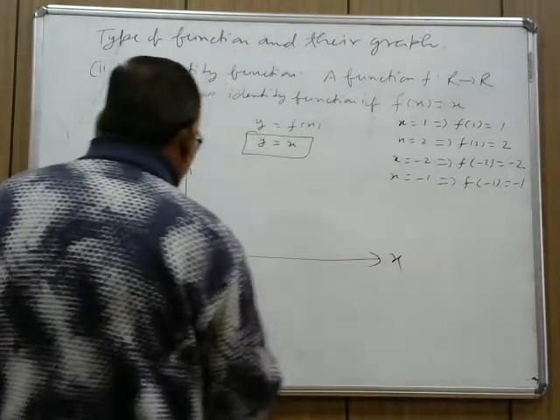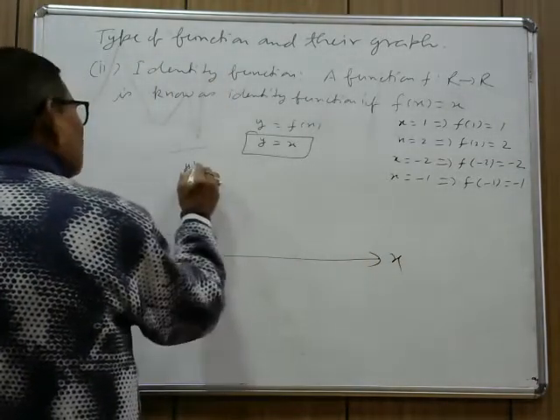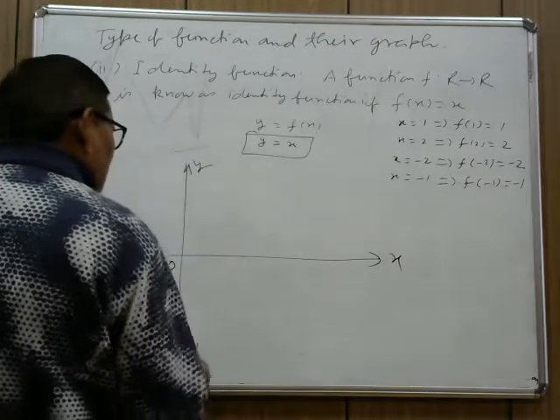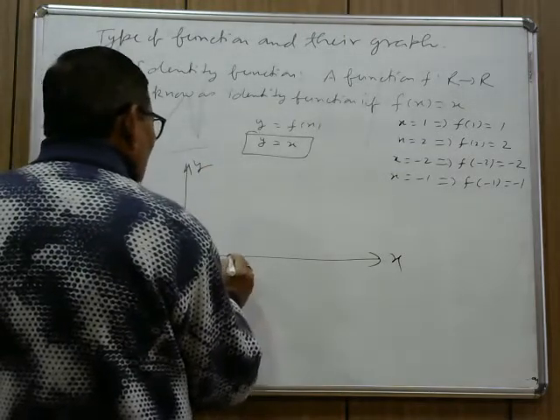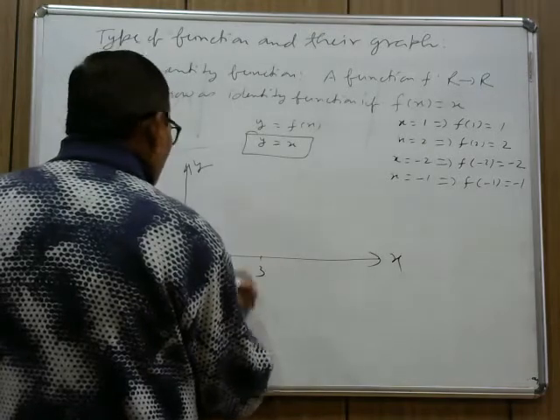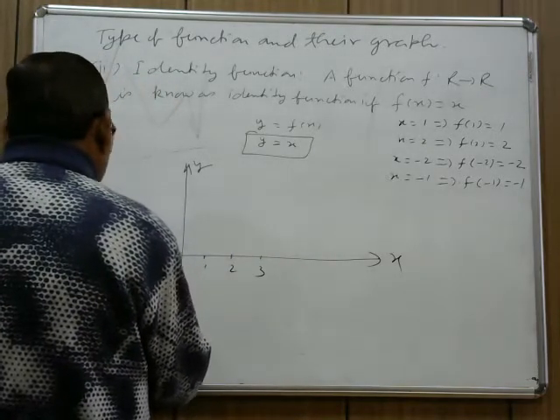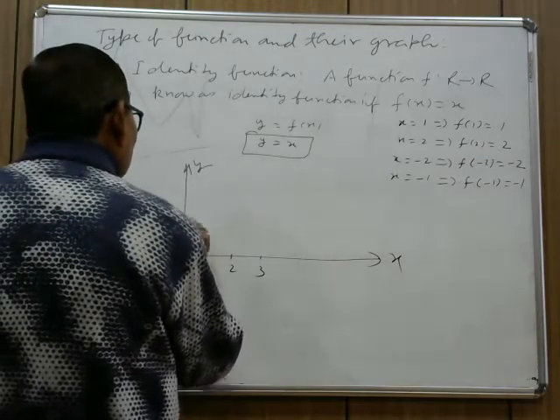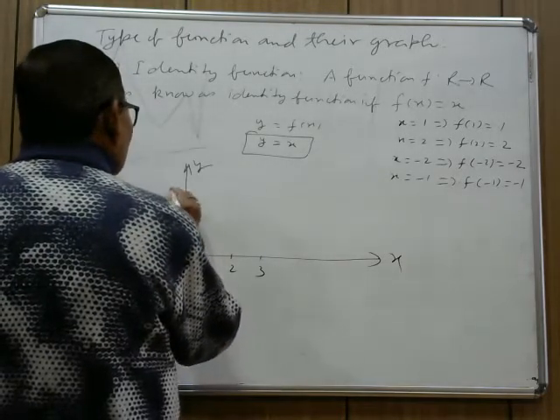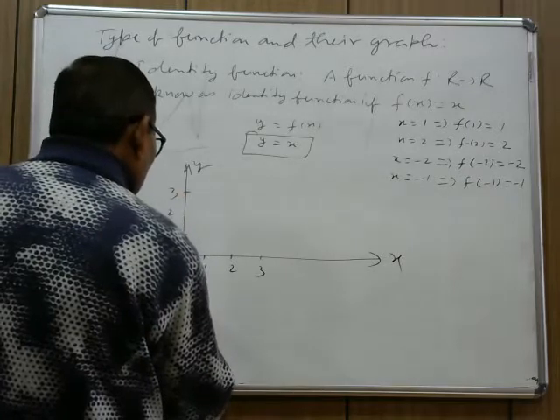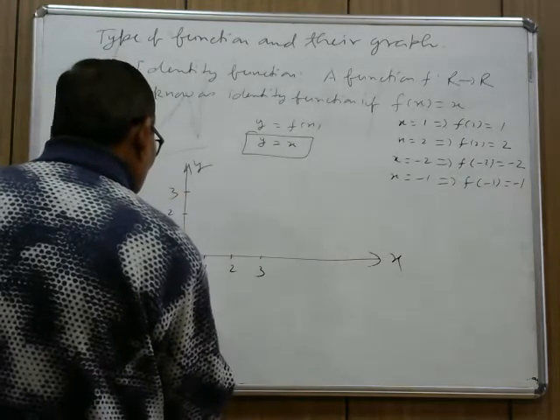This is x dash. This is your coordinate axis. This is 1, 2, 3. Minus 1, minus 2, minus 3. Y is 1, 2, 3. Minus 1, minus 2, minus 3.